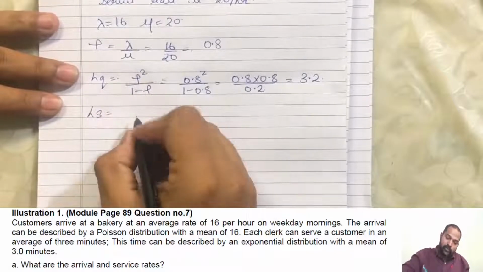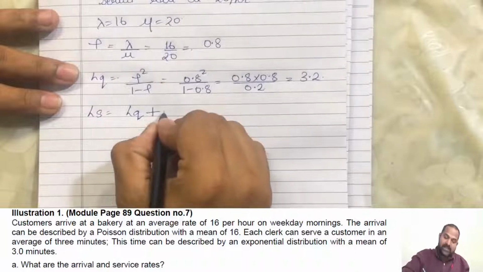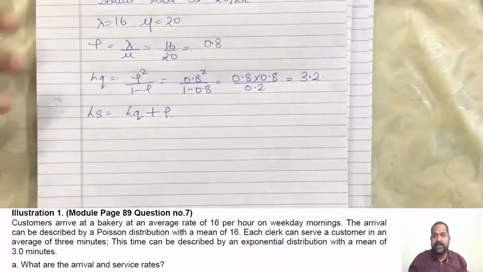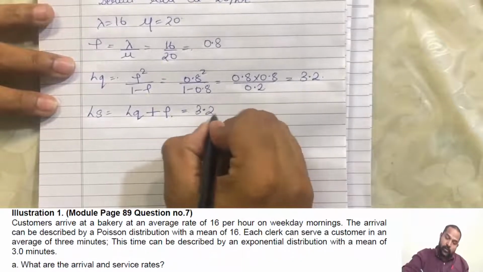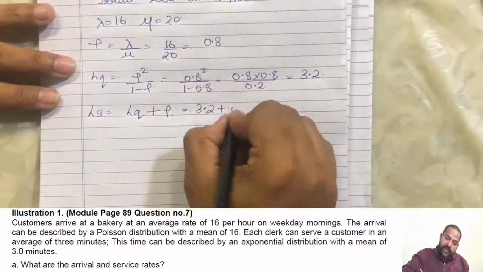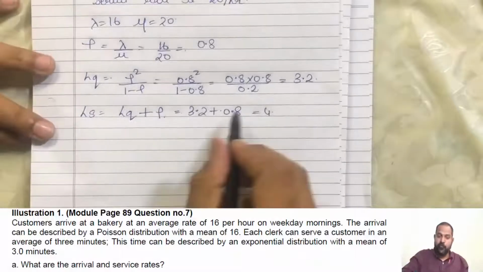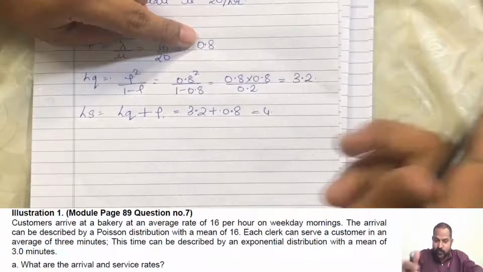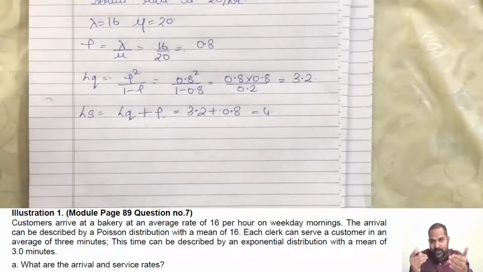If I ask you length of the system, well, it's basically whatever the queue length is plus that person or that part of the person that is being served. So length of the queue is 3.2 plus the part of the person that is served is 80%, which is 0.8, which is 4. Perfect, no? 4 people in the system, out of which 0.8 part of the person is being served, which means 3.2 is still in the queue, or the 0.2 part is in the queue.